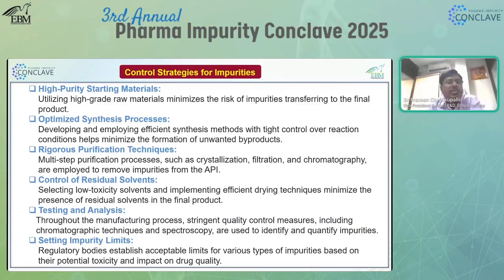Testing and analysis throughout the manufacturing process, stringent quality control measures, including chromatographic techniques and spectroscopy, are used to identify and quantify the impurities. Whenever we are controlling the impurities in the starting material, the carryover of the impurities into the subsequent stages needs to be checked. Whenever specified known impurities are there, you have to control that specific impurity and the corresponding impurity in the subsequent stages at the unknown level of the ICH guideline.